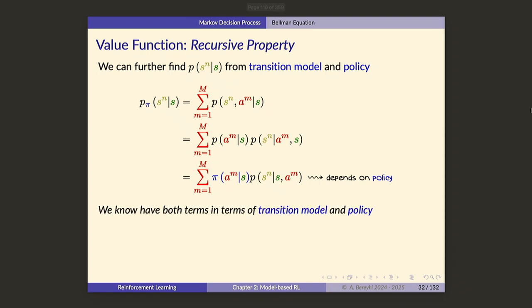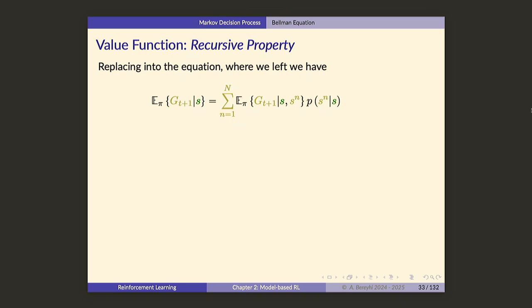So now we have both the transition distribution and also the other term that we had, so we can just replace it here. And what you're going to have is that your expectation of G t plus 1, given the current state that you're in, is written in this form, right?